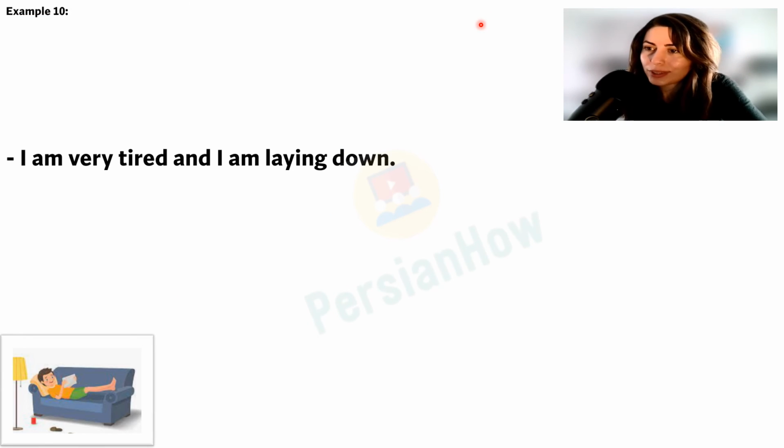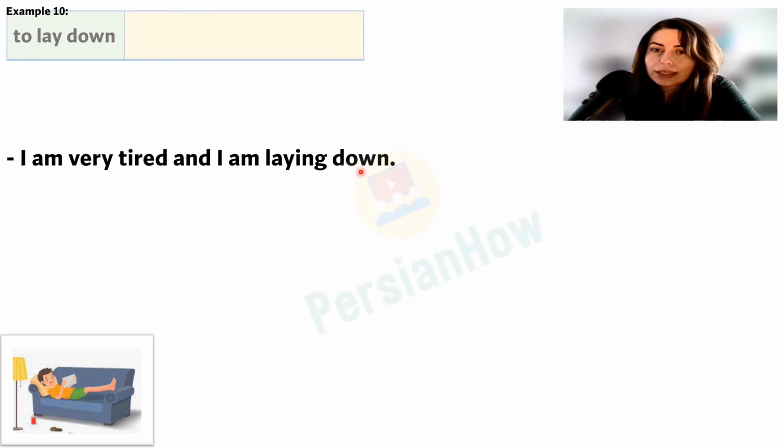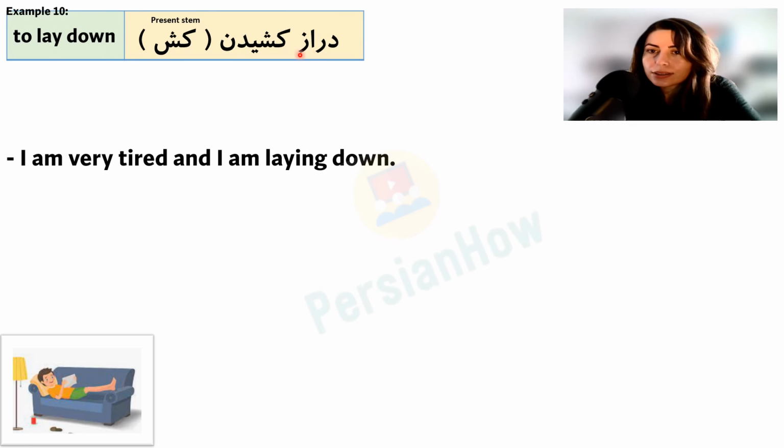Last example for this lesson. So here we want to say I am very tired and I am laying down. So to lay down is دراز کشیدن. دراز means long, and کشیدن means to pull. So to pull long, which means to lay down.